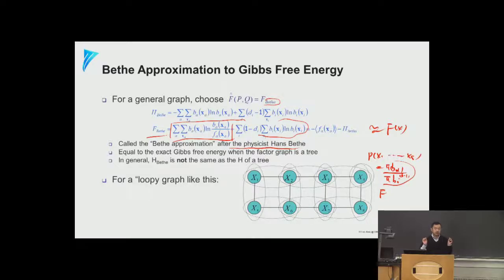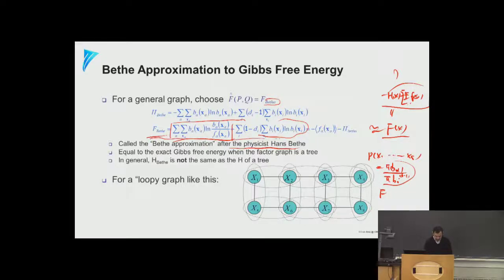So this is just by choice. I decided to approximate this true free energy, which actually should equal minus H of x minus the expectation of all the factors. This is rather hard to compute if we have a loopy graph, because computing the entropy requires you to sum over random variables, and computing the expectation also requires summing over random variables. And when the graph is loopy, this sum, which is an inference problem, becomes intractable. So here we don't do this.